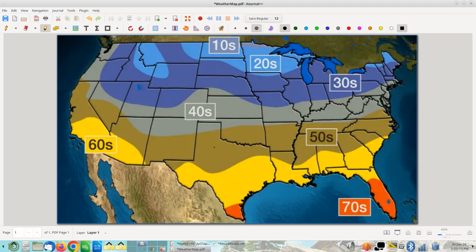It's really hot in Florida. And the temperature varies in between, as indicated. So you can see that where we are in Durham, about right there, we're sort of halfway in between. We're halfway in the middle of the 50s range, and so you get a sense that it's probably about 54, 55, something like that.